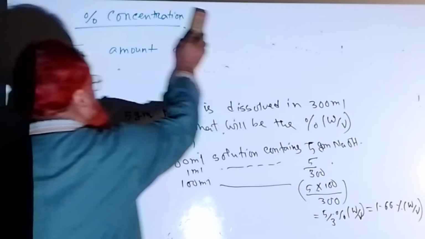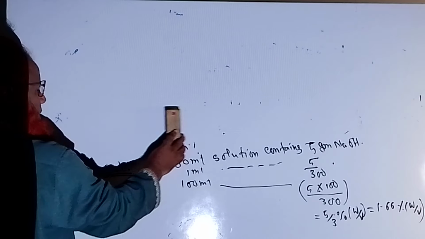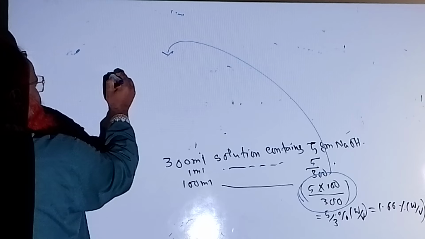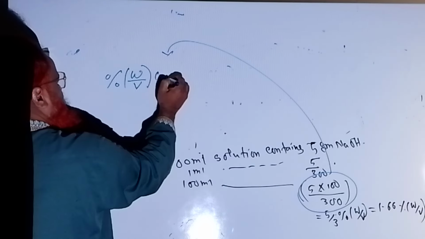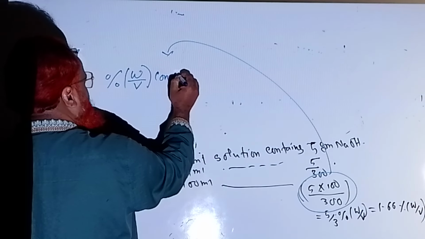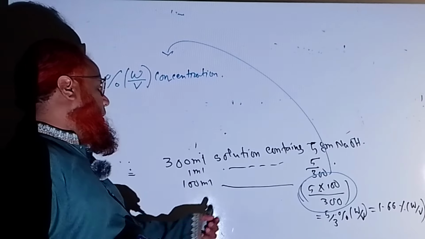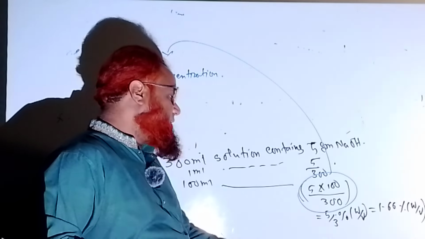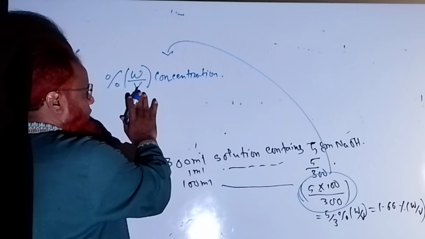Look here. Percentage concentration, W by V. Here your solid is given in mass unit, that is in gram, and your given volume is in ml. So what should be the formula?